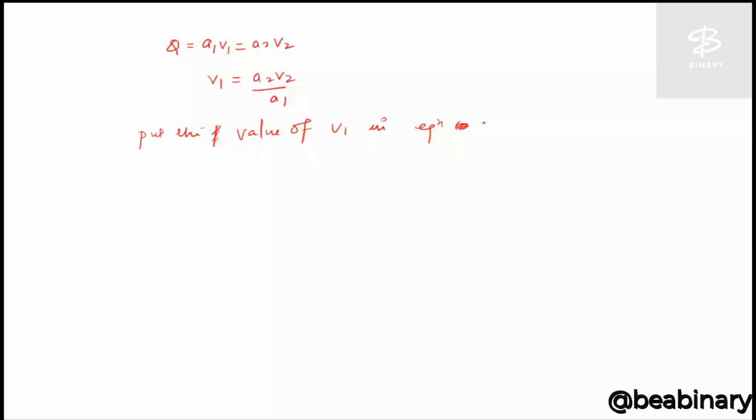we get V2 is equal to A1 by root of A1 square minus A2 square, multiplied by root 2gH. Okay.